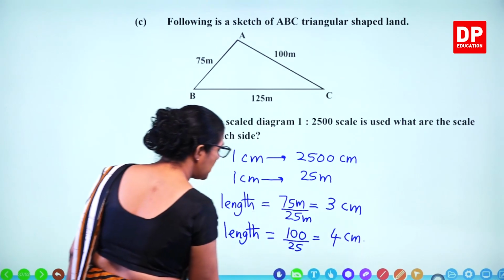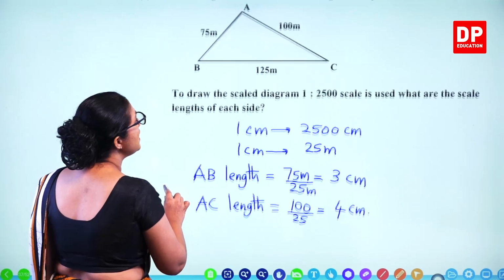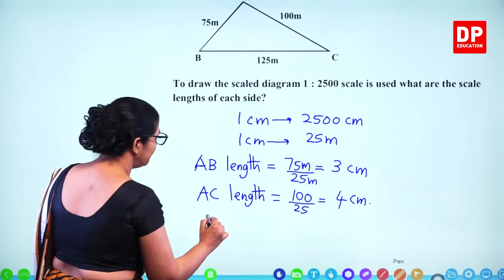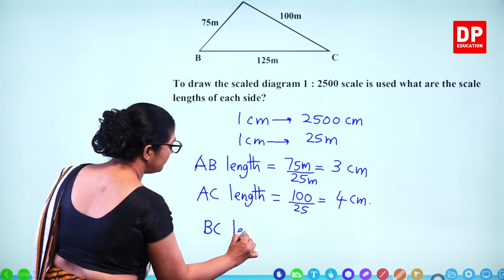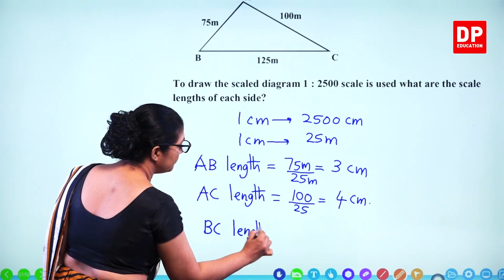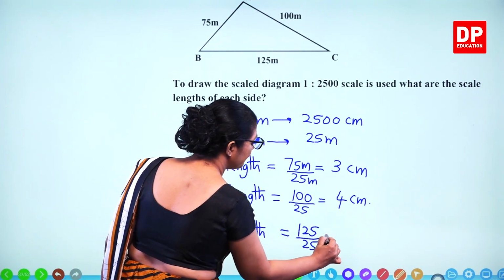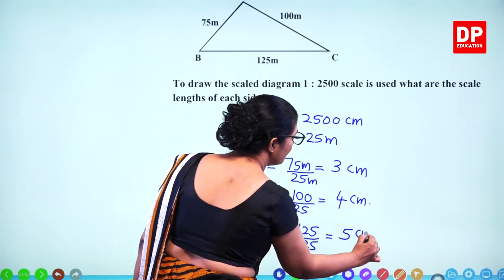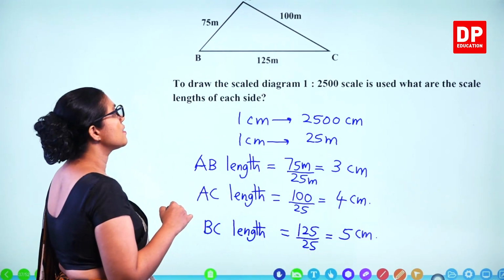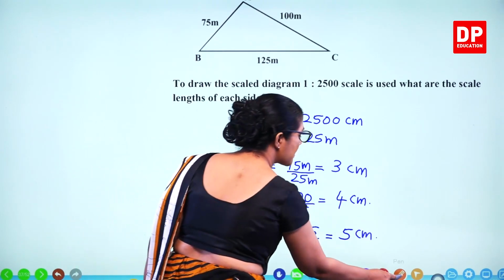That's 4 centimeters. What about BC length? 125 divided by 25, that's 5. So 5 centimeters. So we found out all 3 lengths.